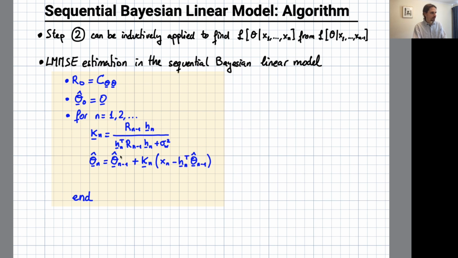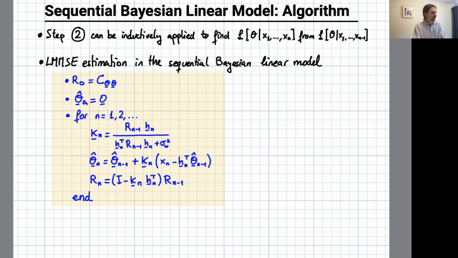Then we use it together with the data received at that step to correct the estimate from the previous step. And finally we obtain the covariance of the error at that step, because it will be used for the next step.